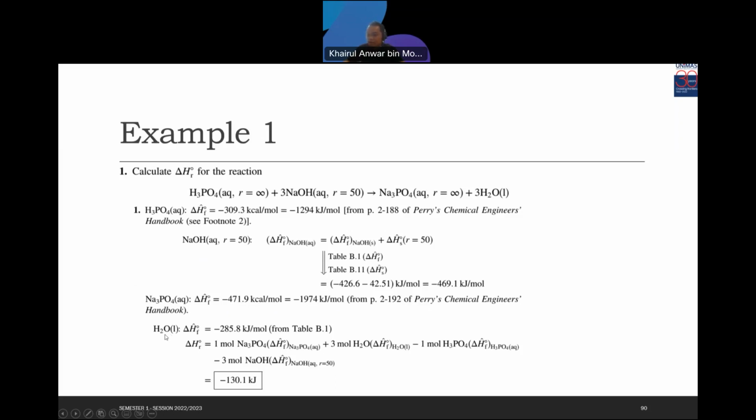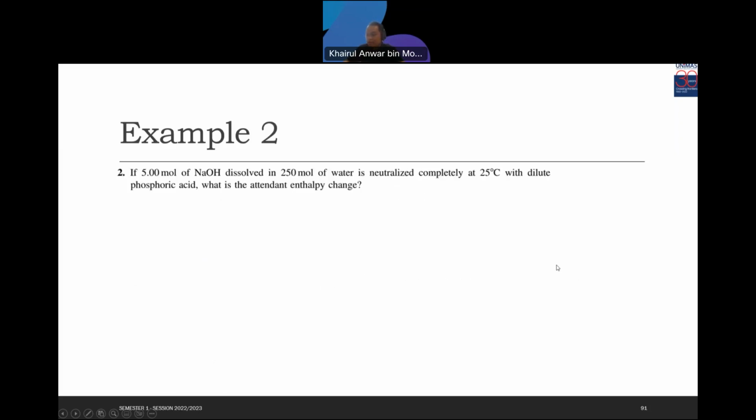For H2O liquid, delta HF is from table B1. So delta HR is equal to product minus reactant, so negative 130.1 kilojoule.